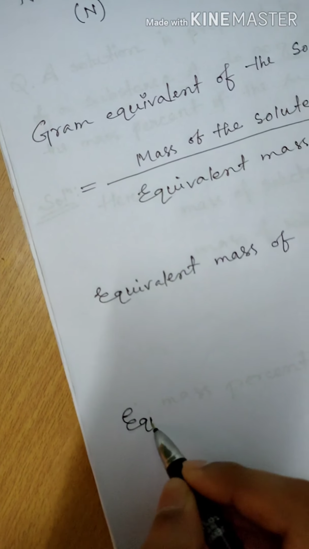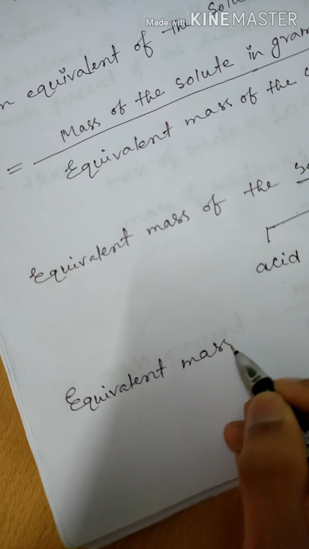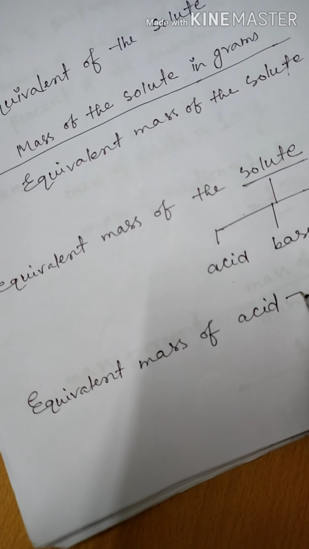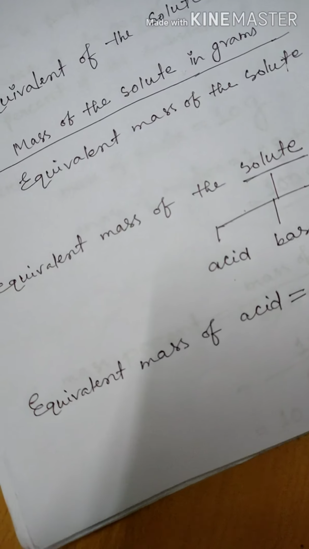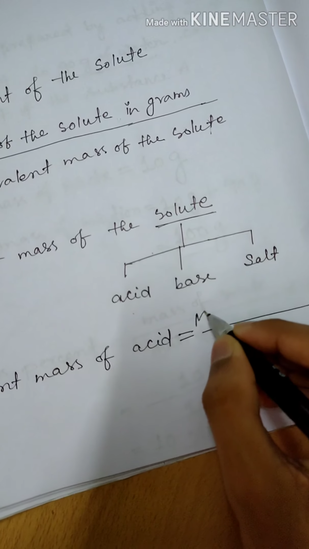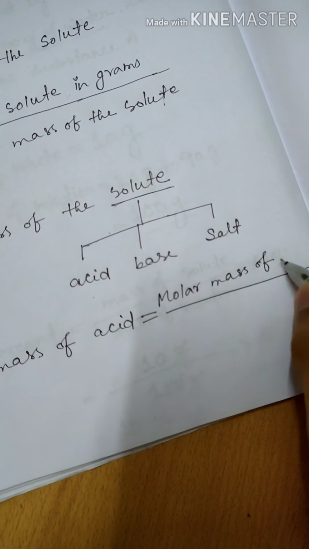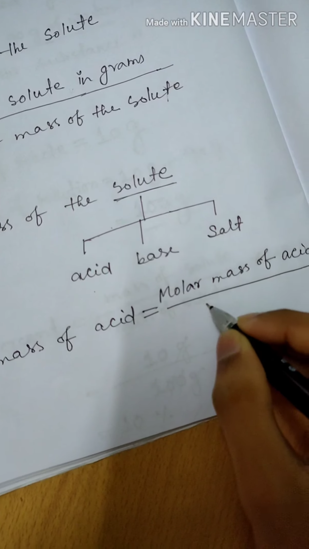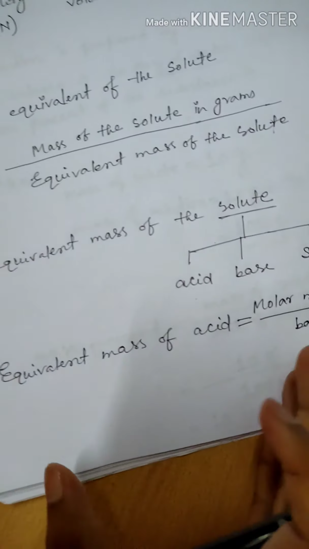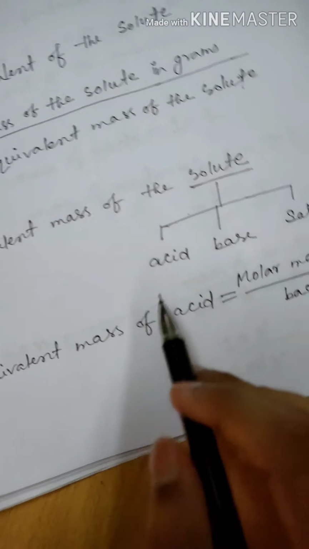Equivalent mass of acid will be molar mass of acid divided by basicity. This is the formula for finding the equivalent mass of acid. Similarly, we can find the equivalent mass of base and salt.